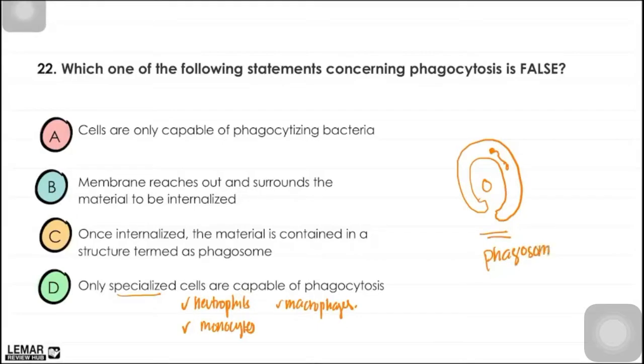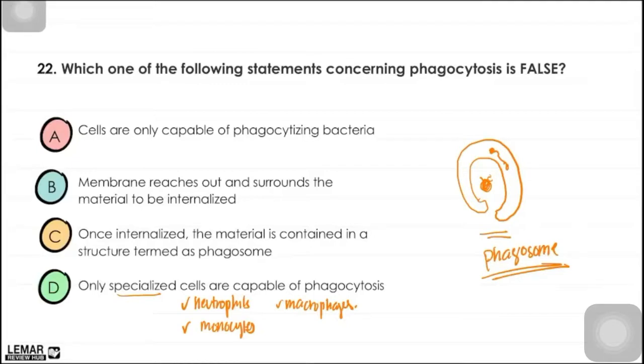Your phagosome. So, kunwari, nag-i-engulf siya ng isang bacteria, for example, so this will be engulfed, and the structure that is engulfing the bacteria, we term this structure as your phagosome.